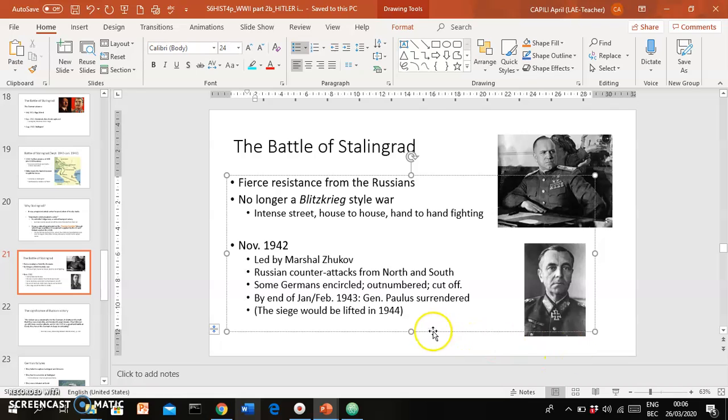But then, seeing that it was entirely hopeless, they were surrounded, they were being shelled constantly by the Russians, General Paulus, at the beginning of 1943, had to relent and decided to surrender, directly disobeying the orders of Hitler.